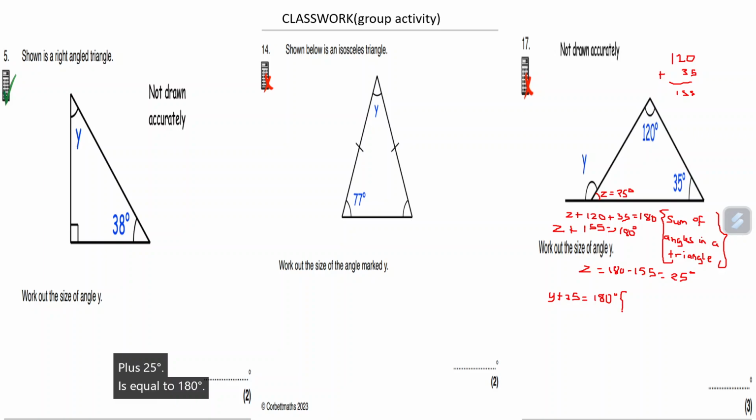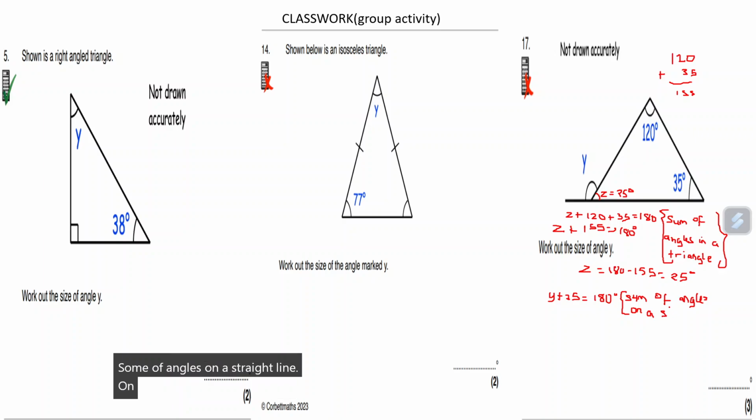Reason: angles on a straight line. Reason: sum of angles on a straight line.